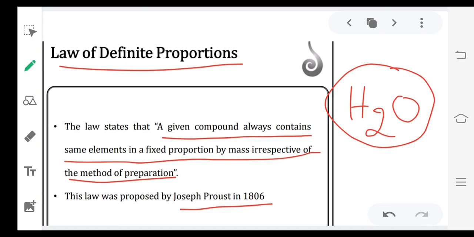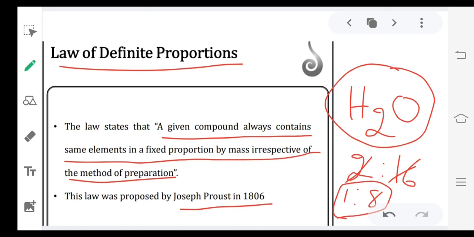Composition means how much hydrogen and how much oxygen is present in the water. You will always get the mass ratio of hydrogen to oxygen as 1:8. For example, if you take 2 hydrogens, this is 2, and the oxygen atomic mass is 16. If you cancel it, you will get 1:8. So this 1:8 is the mass ratio of hydrogen to oxygen in water.